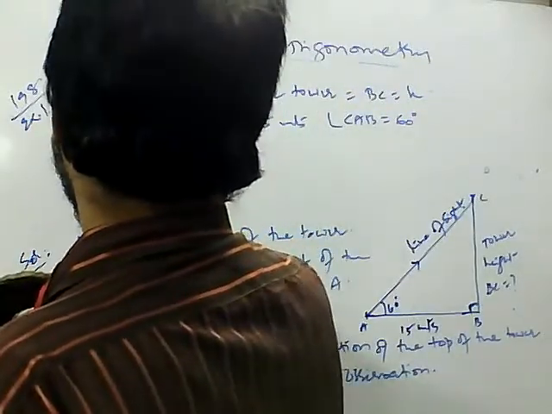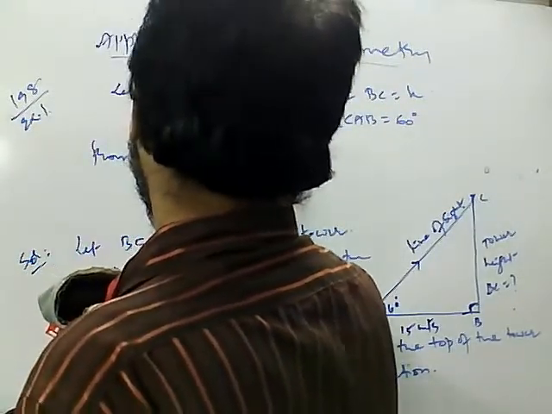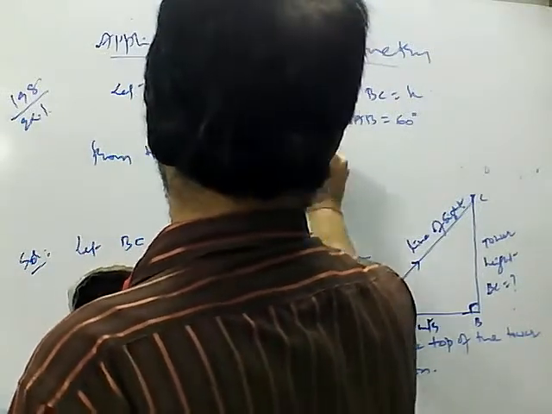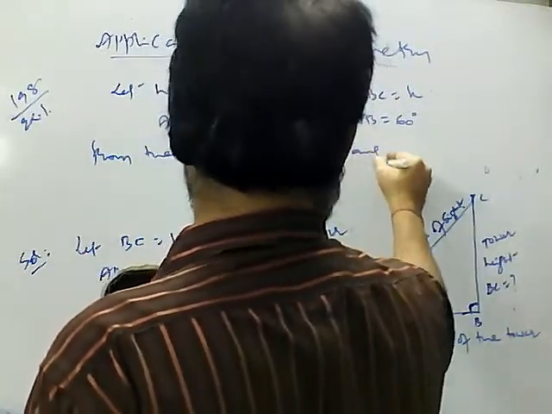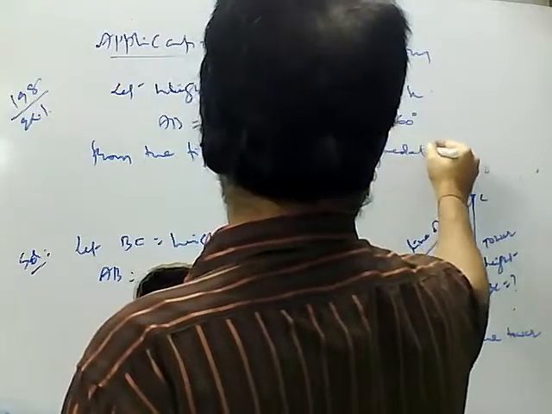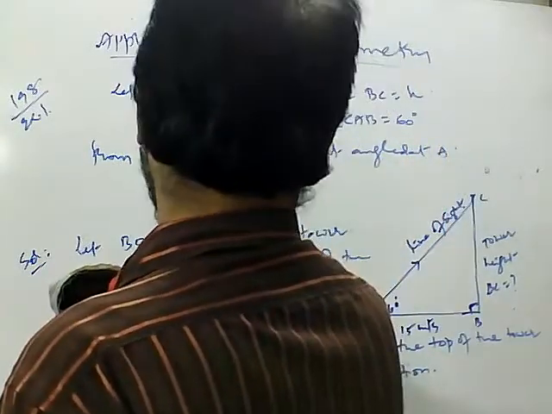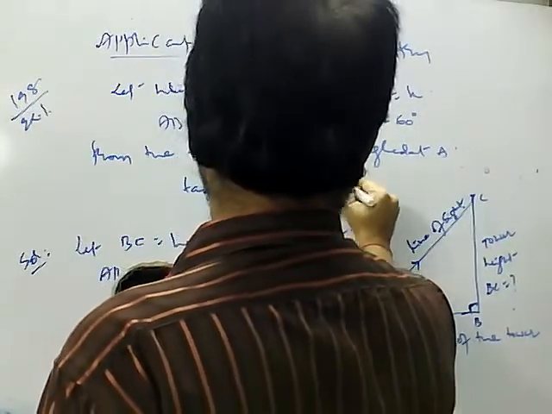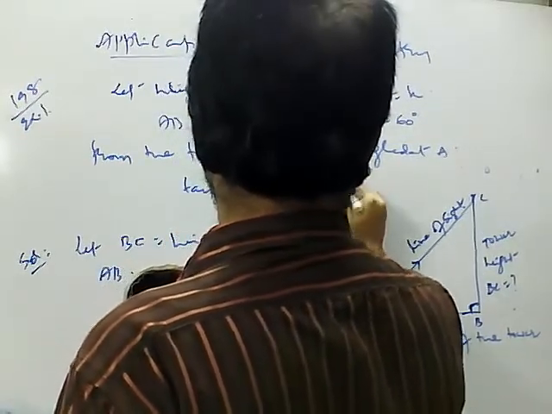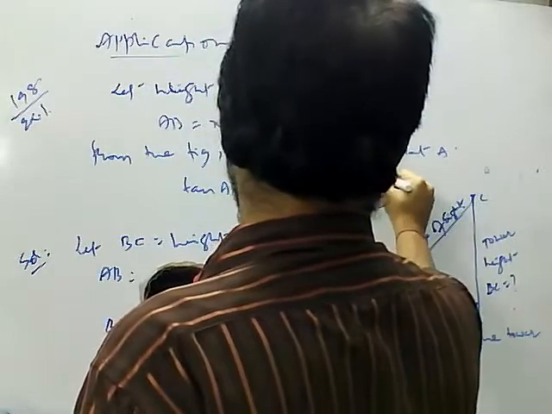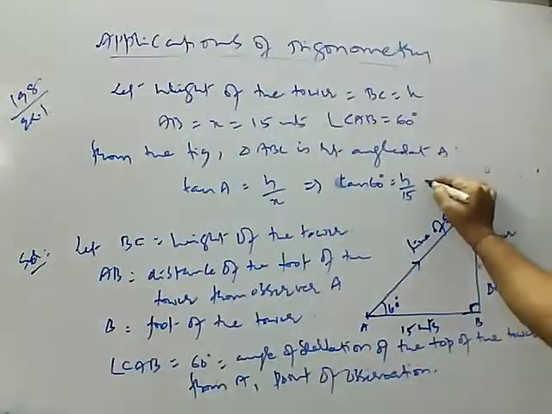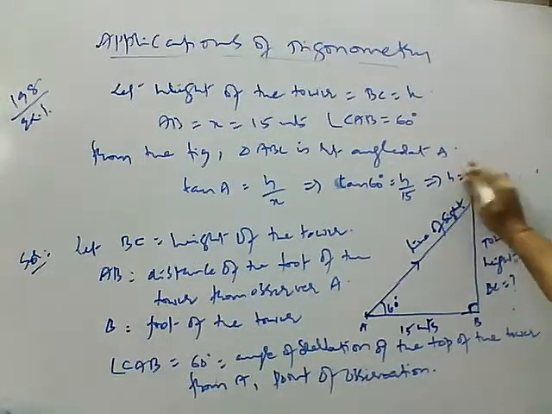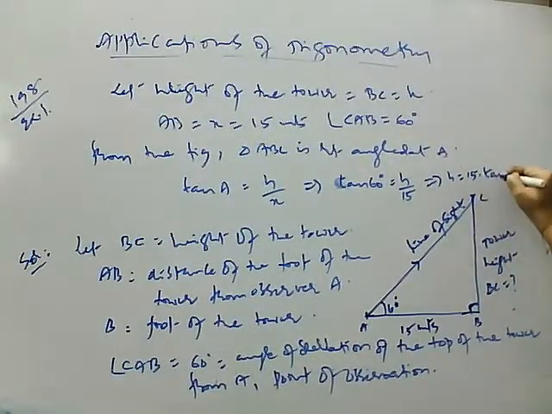From the figure, triangle ABC is right angled at B. So tan A is equal to h by x, that implies tan 60 equals h by 15. That implies h is equal to 15 into tan 60.